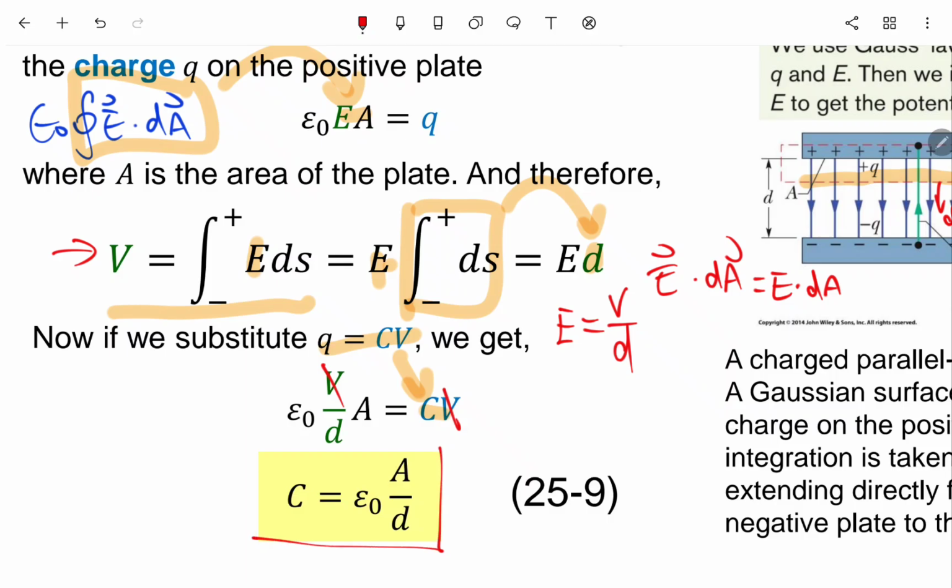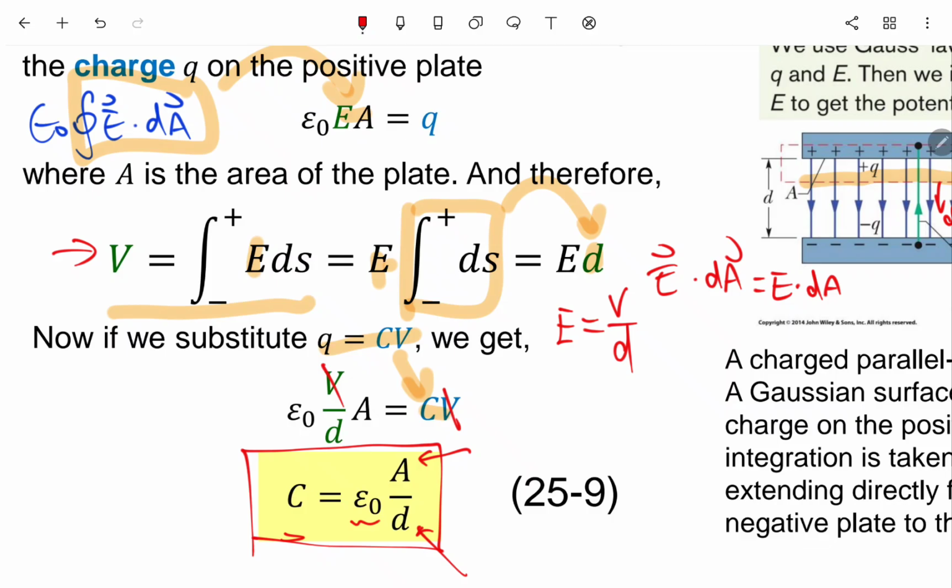Okay, so this is very important. The capacitance for the parallel plate capacitor equals this: epsilon naught is a constant, 8.85 times 10 to the negative 12, then this is the area of the plate, and this is the distance between the two plates.